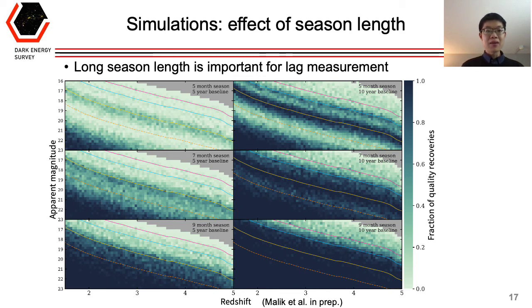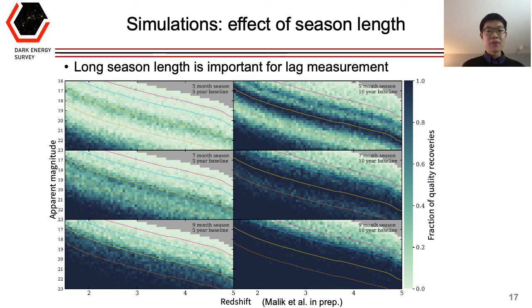This is because for the half-year lag, the lag measurement is significantly affected by the aliasing effect due to the half-year seasonal gap. In order to overcome this seasonal effect, we can use longer observational seasons.